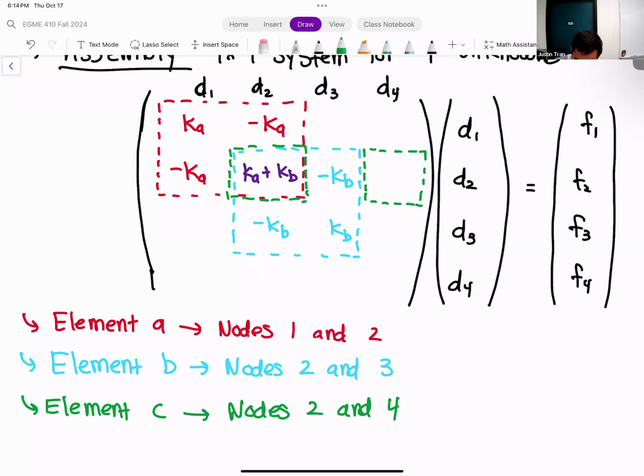Then we have fourth row, second column, so that's going to be this spot right here. And then we have fourth row, fourth column, which is this one.